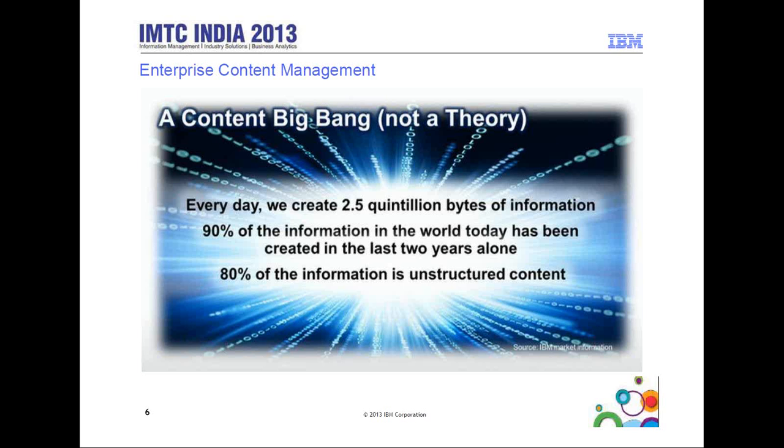So that is what we are talking about here. Imagine how much data and content is getting created every day. It's big. And also imagine the insights hidden, buried away inside this unstructured content. Imagine how much critical information is buried in this huge corpus of content.